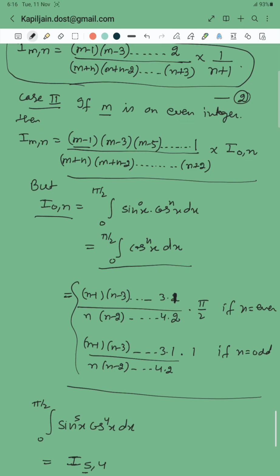Here m is 5 and n is 4, so this is equal to 5 minus 1 multiplied by 5 minus 3, which is 2, so we end with 2, divided by m plus n, which is 9, multiplied by 7, multiplied by 5, and n is 4, so we end with n plus 1, means 5, we end with 5.